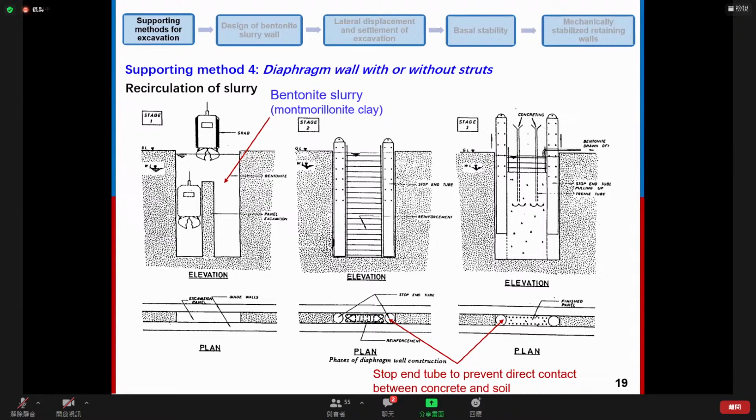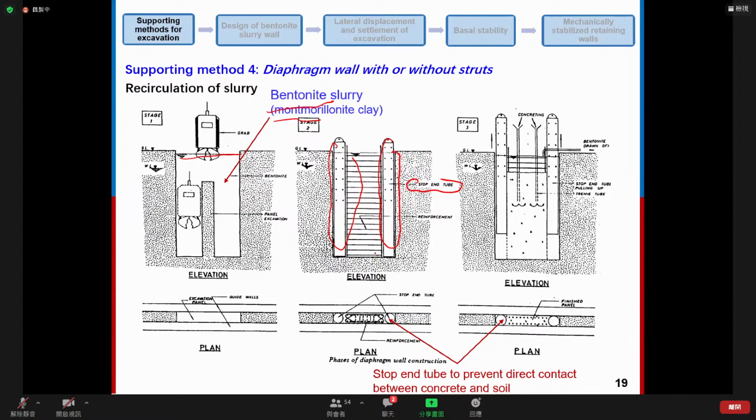Okay. So here again, we show we use the bentonite slurry to maintain the stability inside the excavation panel. And here we have a so-called stop end tube before we do the concreting.